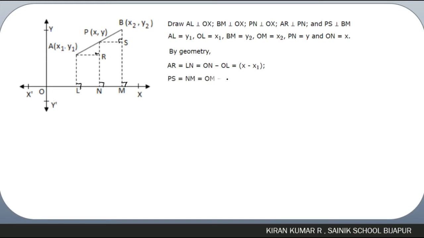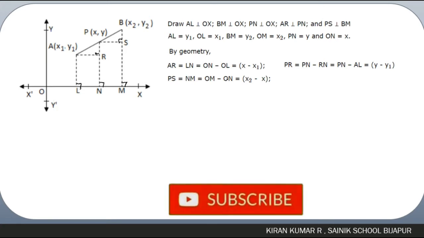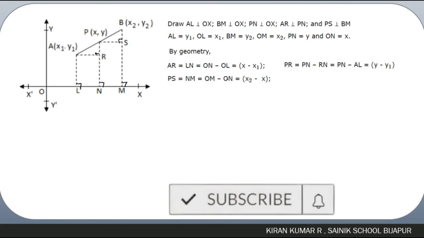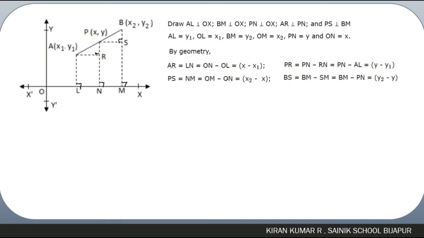In the same way, PS will be equal to NM, which we get as x2 minus x. PR will be equal to PN minus RN, which is nothing but PN minus AL, so it is y minus y1. In the same way, BS will be equal to y2 minus y.